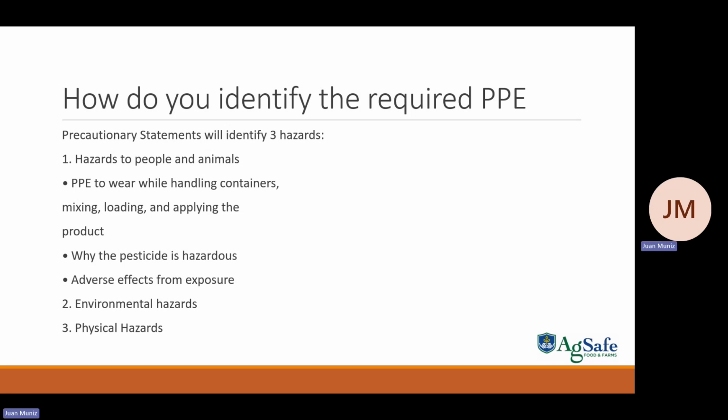And they also have the third, physical hazards, which will identify things such as flammability, reactivity, and explosive potential.